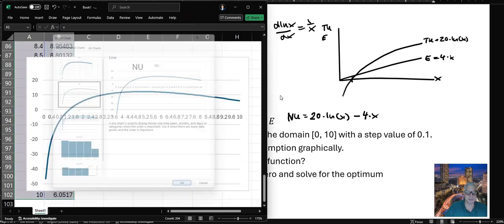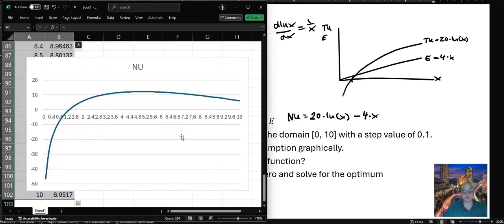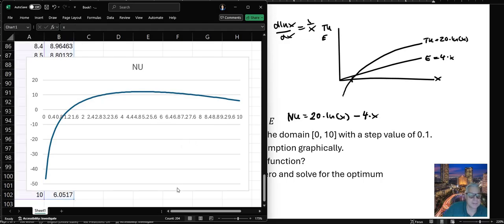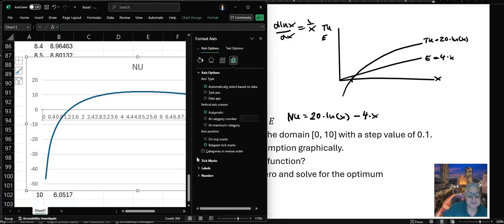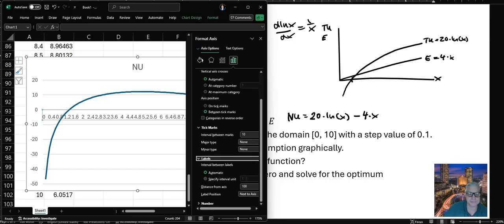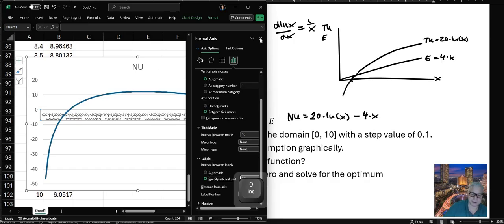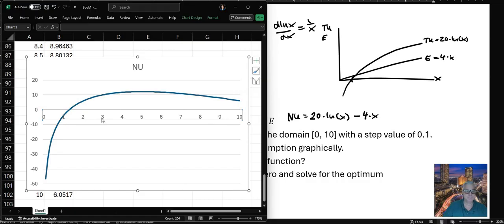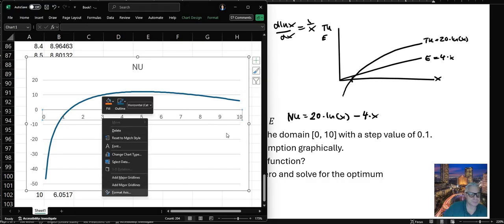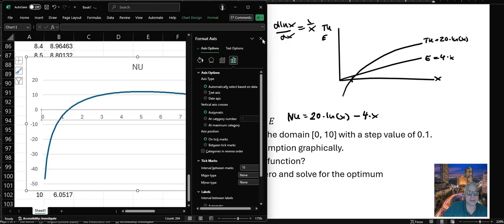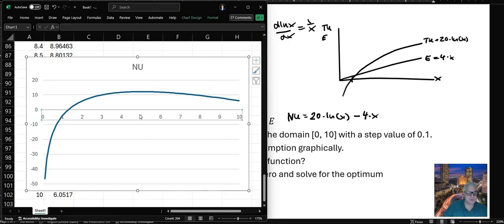It looks a little bit similar to the way I drew it. Maybe we can do the axis a little nicer, with tick marks and labels only at every 10th unit. Now if you look carefully, we can see that the net utility is maximized probably at the value of 5.